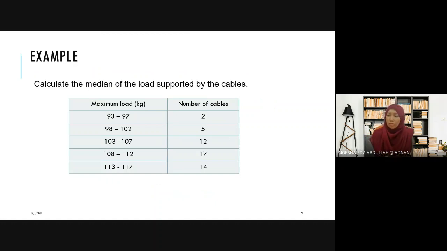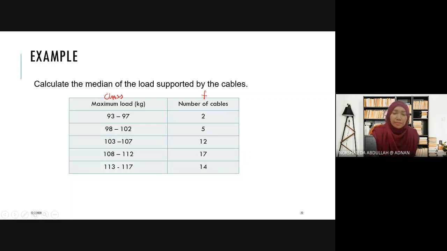Next, let's look at an example. The same as the mean, we use the same data, the load of cable. This is the group data. We have the classes, the class intervals, and the number of cables is the frequency.